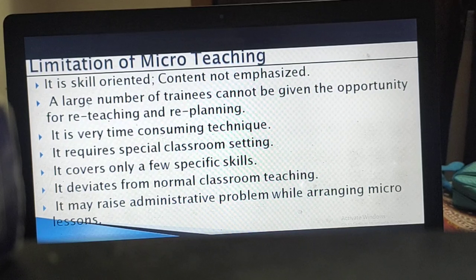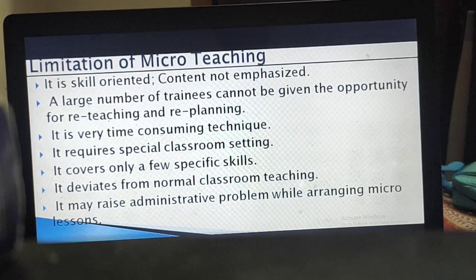Now, there are some limitations of micro-teaching. Already I have mentioned, when the teaching learning process is going on, particularly in micro-teaching, the teachers are practicing their teaching skill in the presence of an observer or peer group.